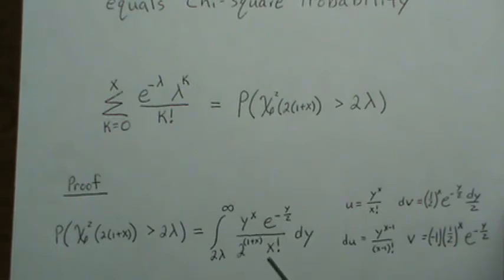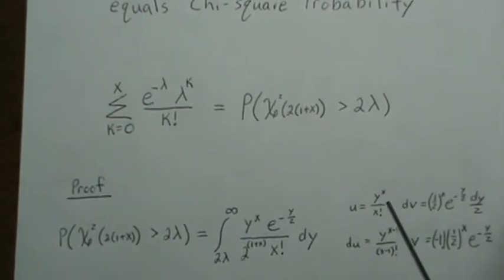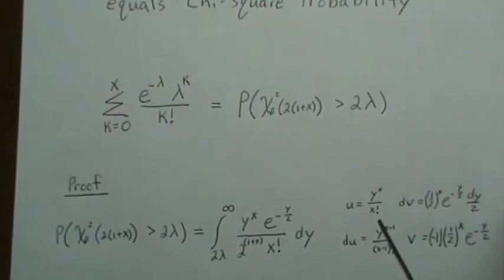Now to integrate this, we're going to use integration by parts, x plus 1 times. And we'll do the first 3 or 4, and then we'll go dot dot dot. It equals this.